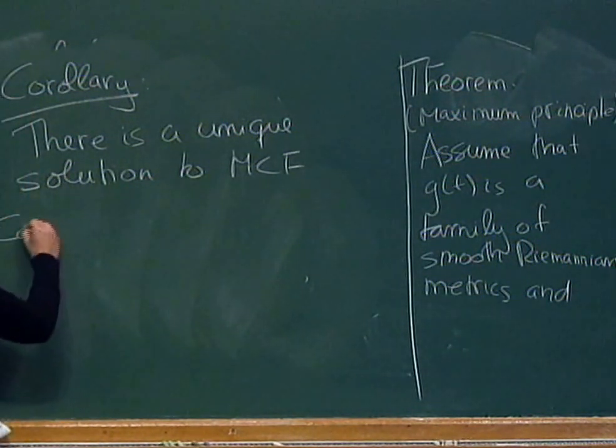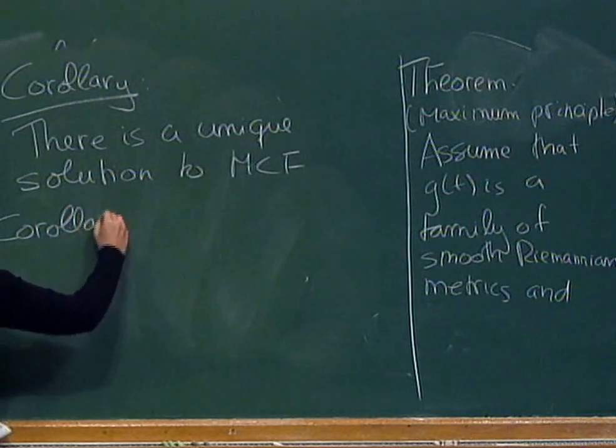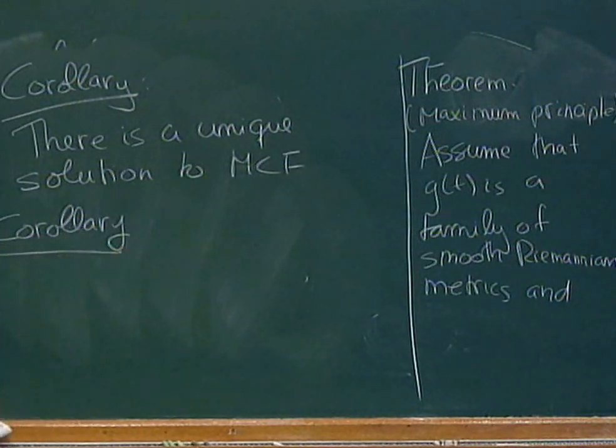Second corollary that is important, and this is true only in the case of codimension 1, it's not true if you have higher codimension. You will see from the proof that, in fact, this tells you that not only the distance increases, but a surface cannot touch itself during the evolution.